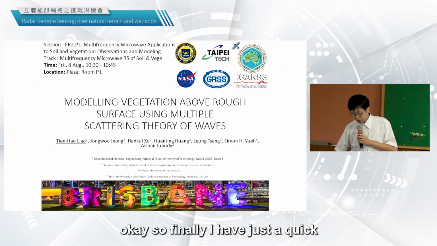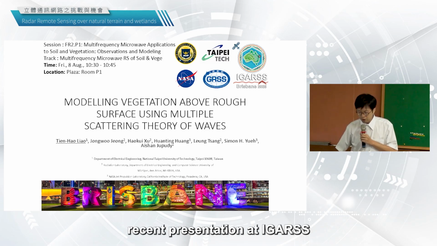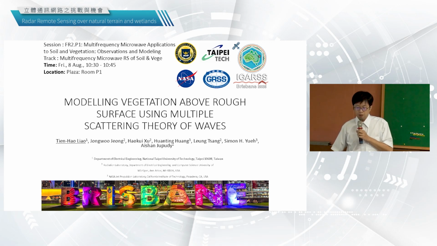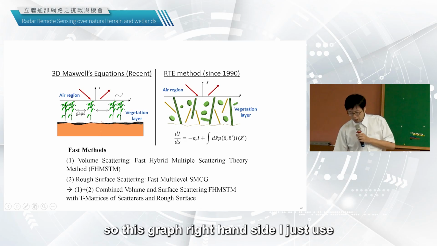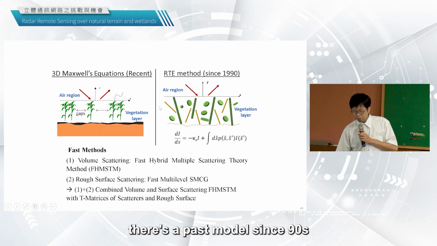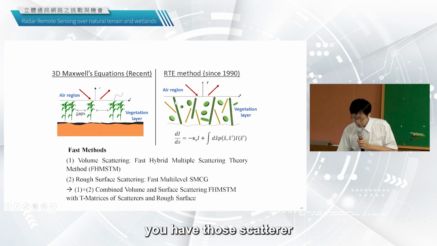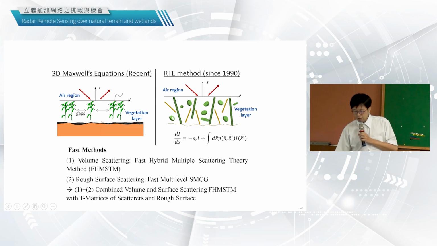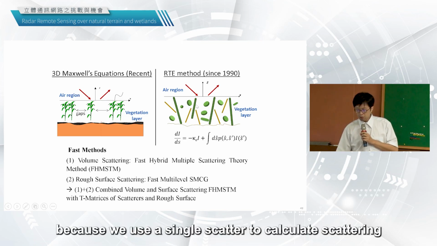Okay, so finally I have just a few quick slides about my recent presentation at IGARSS on our recent progress. This graph on the right-hand side is the path model I described earlier, used since the 90s. You have scatterers within this layer, but we don't really have the plant concept because we use single scatterers to calculate scattering.